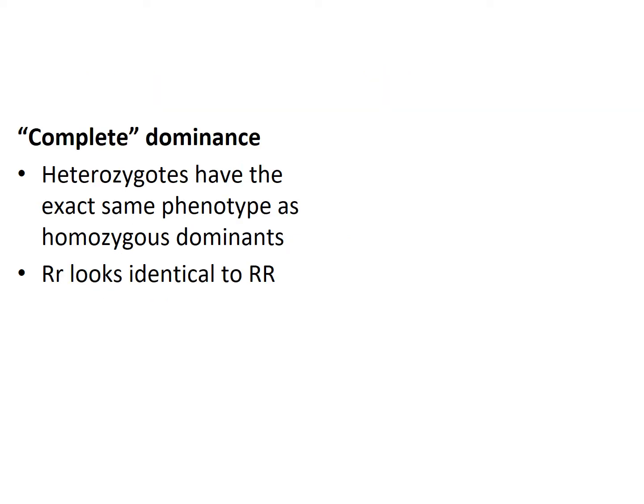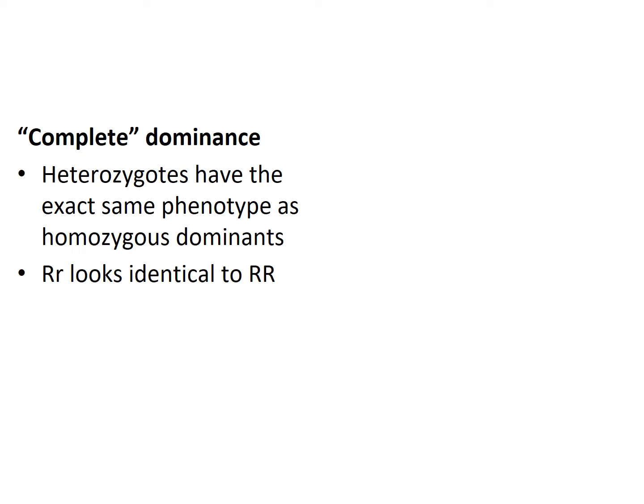Previously, when we discussed simple Mendelian traits, we were discussing scenarios of complete dominance. Complete dominance in this simple Mendelian framework is when heterozygotes display the exact same phenotype or traits as homozygous dominant genotypes.